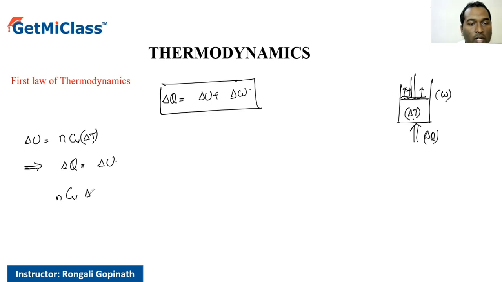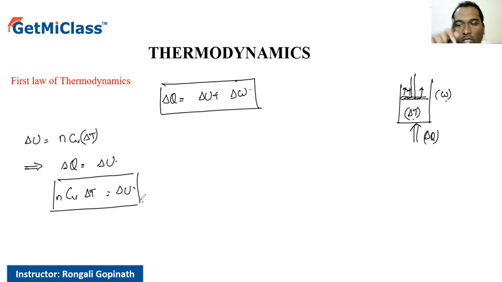Isn't it n Cv delta T, which is delta U? Since delta U solely depends upon the temperature, this part will never change no matter what kind of process it is. Delta U is always dependent upon delta T, right? This is the first law of thermodynamics.